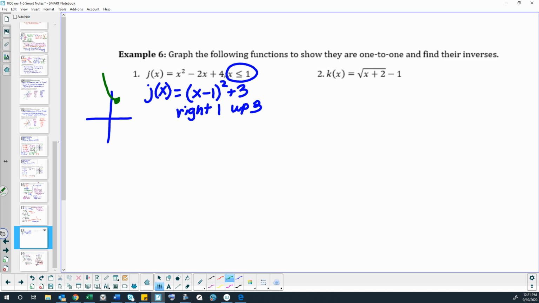Now is it a one-to-one function? Yes, it is one-to-one, and now we can find the inverse. So, to find the inverse, we are going to just take our function, y equals x minus 1 squared plus 3. What's the first step?